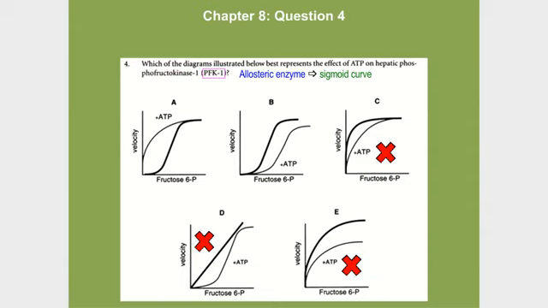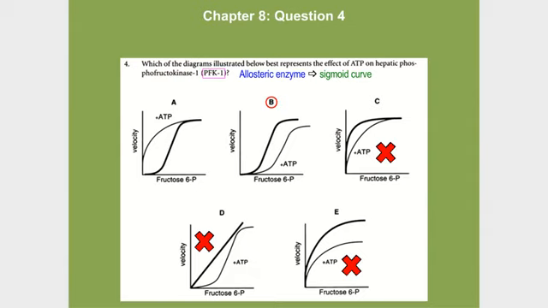So we can eliminate options C, D, and E because they are not S-shaped sigmoidal curves. So the answer will be either option A or B, because the enzyme all by itself is sigmoidal. And because ATP is an inhibitor of the enzyme, it shifts the curve to the right. That's why the answer is B. Enzyme plus ATP shifts the curve to the right.